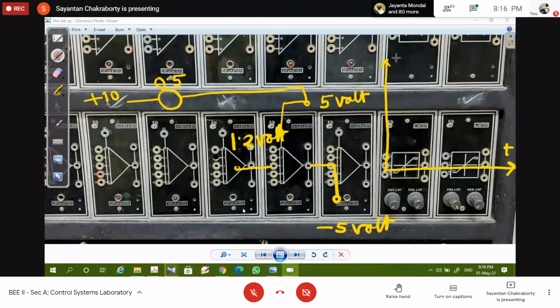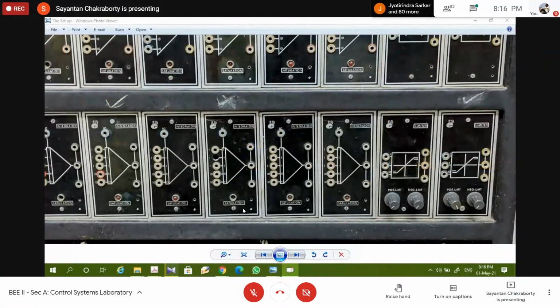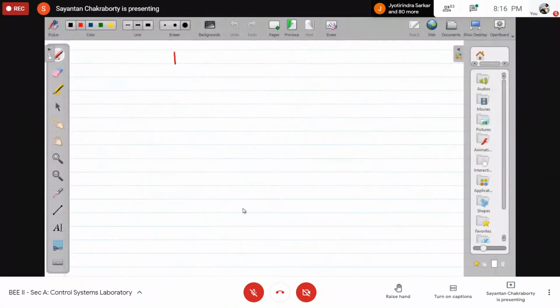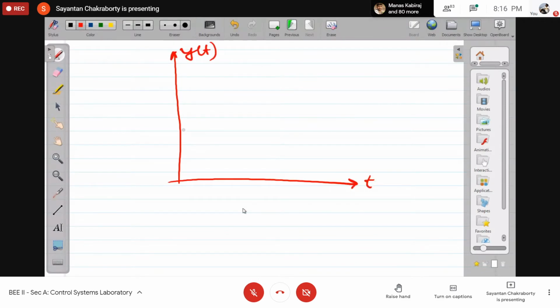T, this is Y(t), this is 0. Is it visible? I should draw it on the board. At t equal to 0, as soon as you switch on the integrator, you'll jump to a value of minus 5 volt.